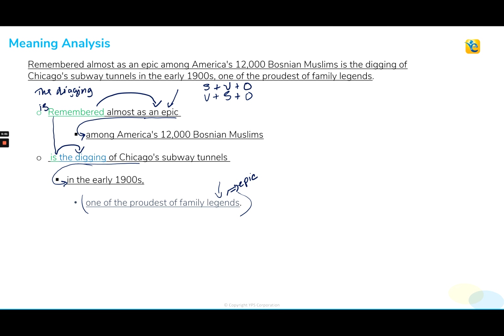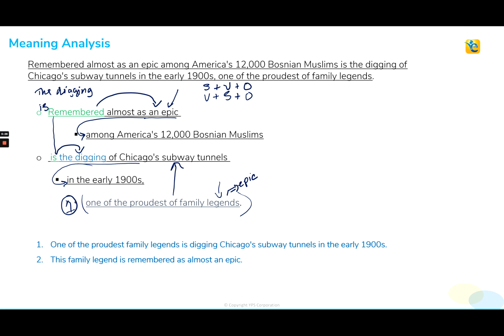So let's start to piece this together. We could say that one of the proudest family legends is the digging of Chicago's subway tunnels in the early 1900s. So this could be our first entity right here, number one, that one of the proudest of family legends, and this proudest of family legends is the digging of the subway tunnels, and that this family legend is remembered as almost an epic.